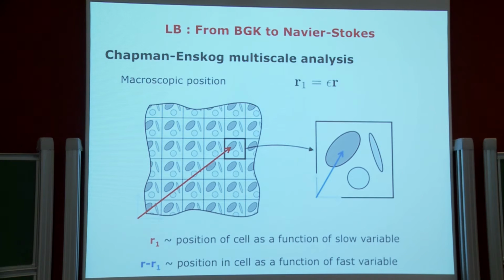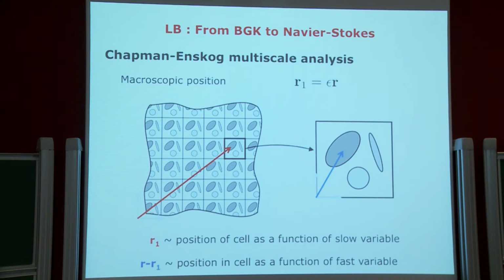Roughly speaking, you don't care exactly where you are, you just know that you are in this cell, and that's your slowly varying position variable in red here. But then if you want to be more specific, once you know that you are in this cell, you want to know exactly what your position inside the cell is, and that would be the difference between the absolute position and this slowly varying position.